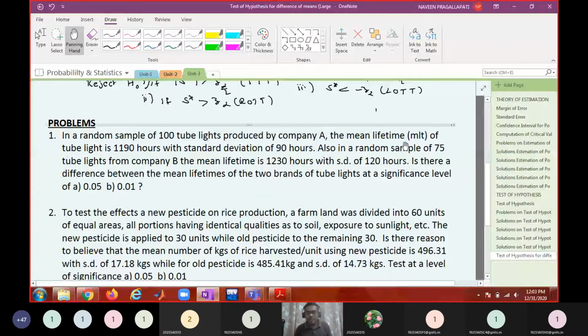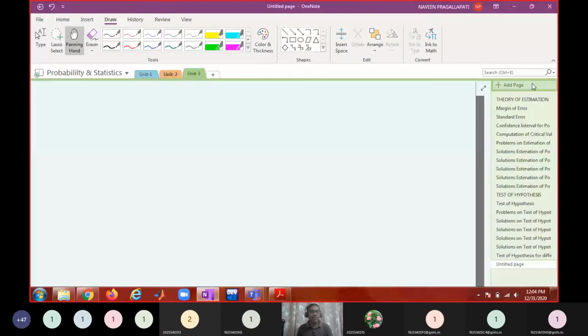So are we ready to test the hypothesis? So what is your test? How do you form the test? What is your null hypothesis? We assume that there is no significant difference between the two companies' bulbs.